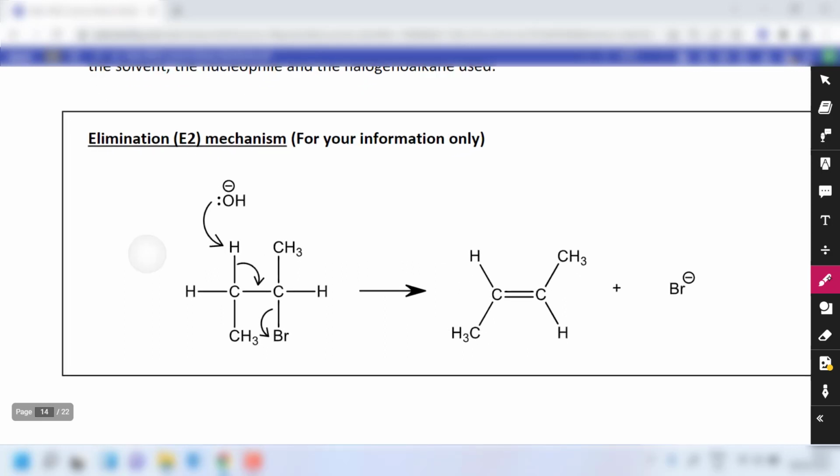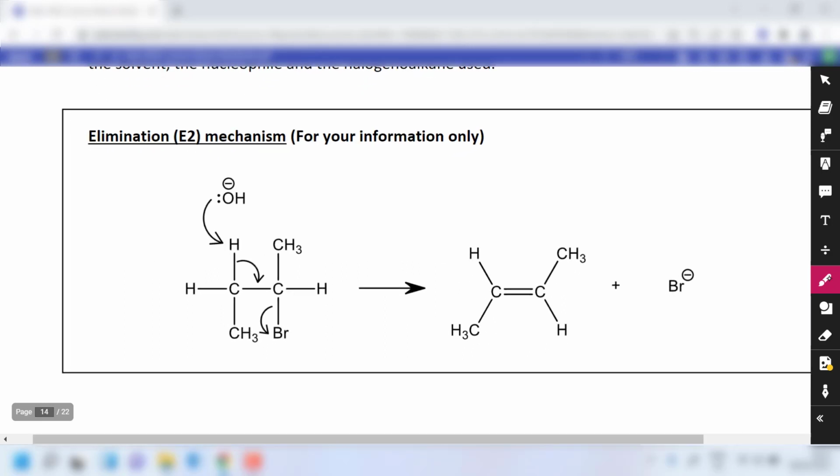But what I can share with you is what I said to you at the start of the lecture. What I mentioned is that elimination is better known as beta elimination. Why is it better known as beta elimination? Because earlier on I mentioned that this particular carbon is known as the alpha carbon because it is directly bonded to the bromo functional group.